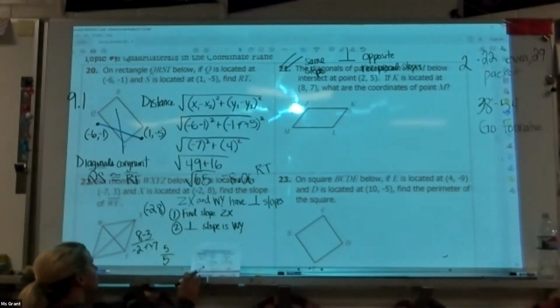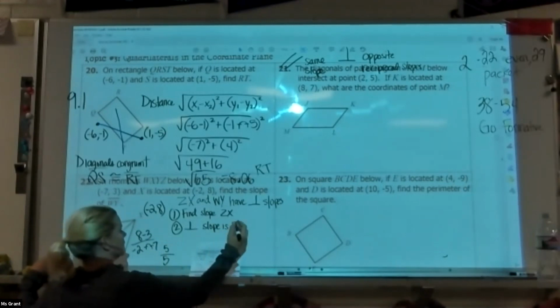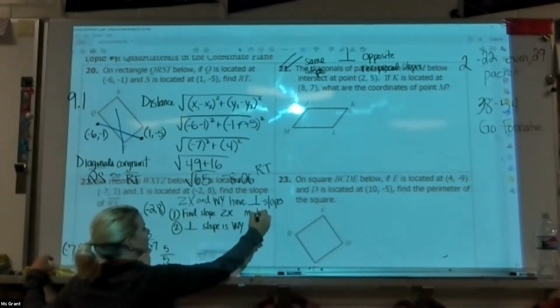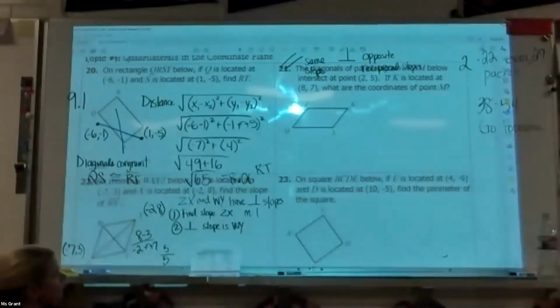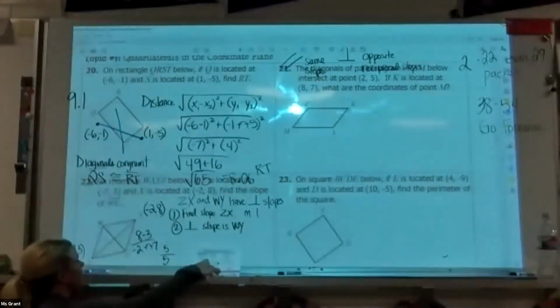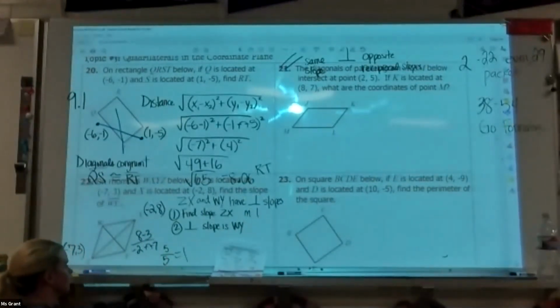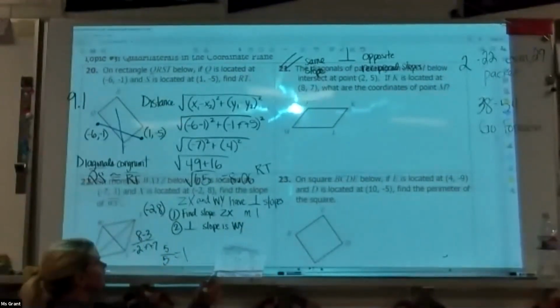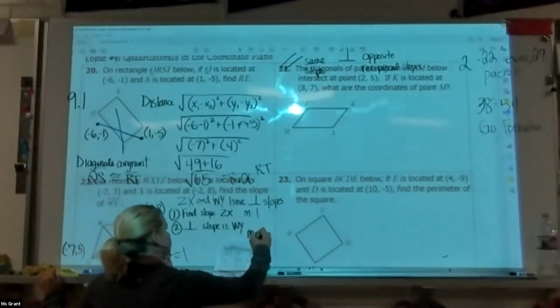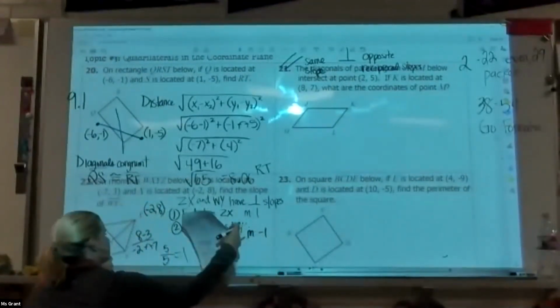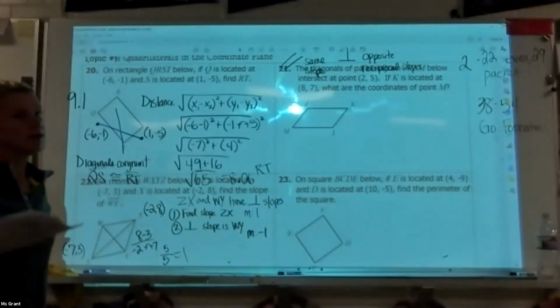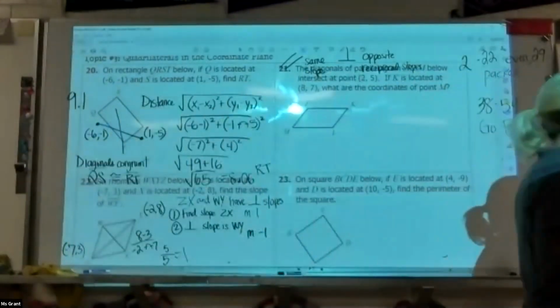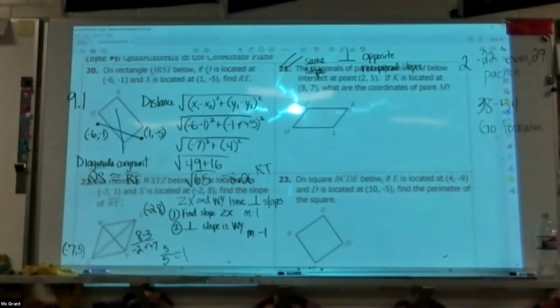Oh, 5 over 5. So the slope of ZX is 1, because 5 over 5 is 1. Perpendicular slope, just -1, opposite reciprocal. That was easy. I'm doing a lot of these for you. That's good, because you still have the Go Formative, and we all know that the Go Formative questions are harder.